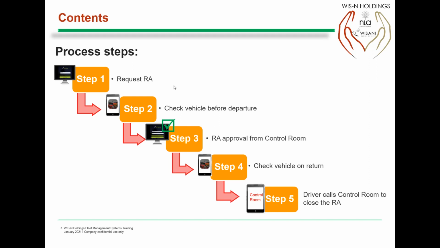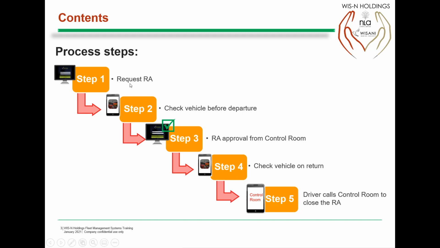But before we get to how to request a route authorization, let's just quickly look at the process of how you request a route authorization until such time that that route authorization must also be closed. So on this graph, you'll see the first step is for you to request a route authorization on your computer.